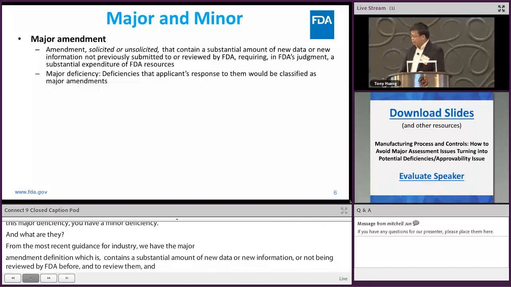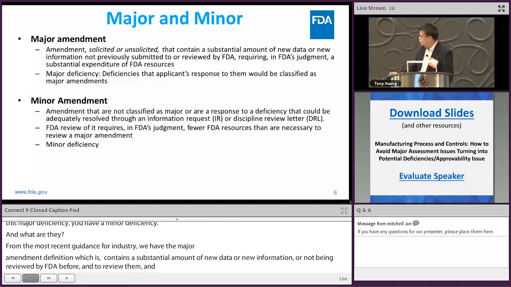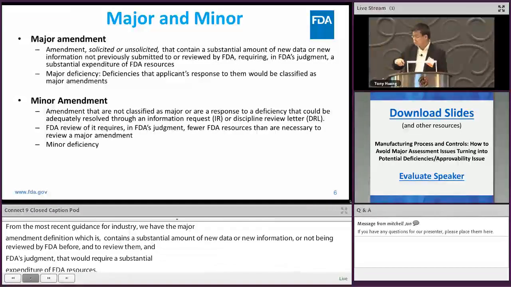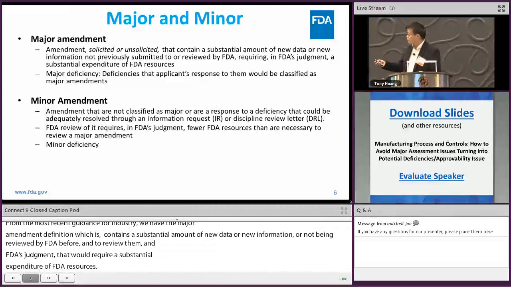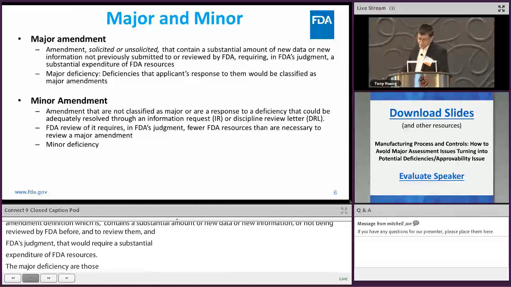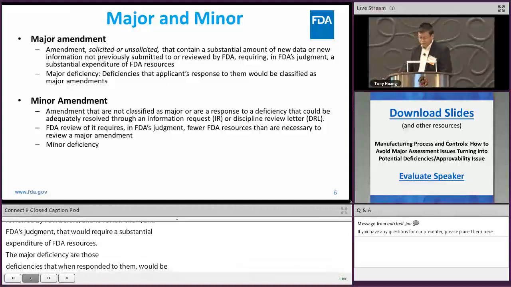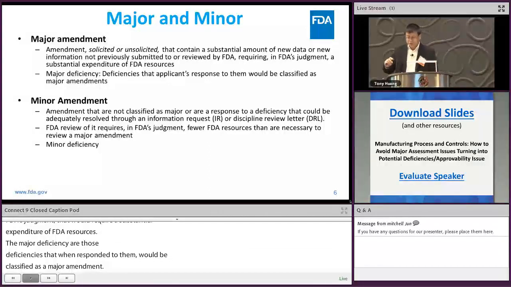And so the major deficiencies are those deficiencies that when you respond to them will be classified as major amendments. So the logic is kind of weird, I know. So to the contrary of the major amendment are the minor amendments. Typically, those are amendments that don't contain so much new information and that require less FDA resources to review them.